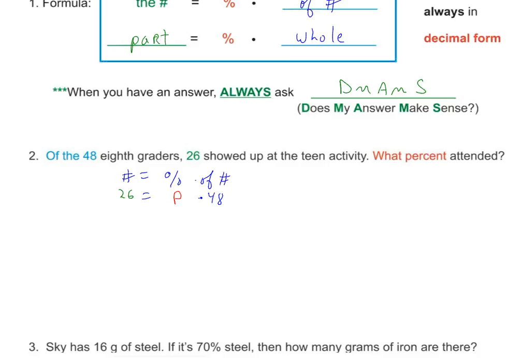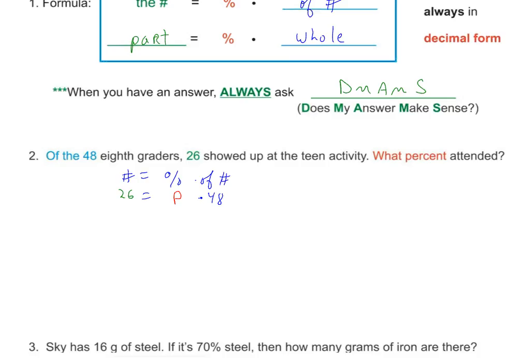Daniel says 24 is half of 48, and that's 50%. And the number we have is 26, bigger than 24. Therefore, it's got to be bigger than 50%, and I would think you're expecting a number close to 50%. Hopefully your number is bigger than 50, but close. That is an answer that makes sense. The DMAMs likes that answer.